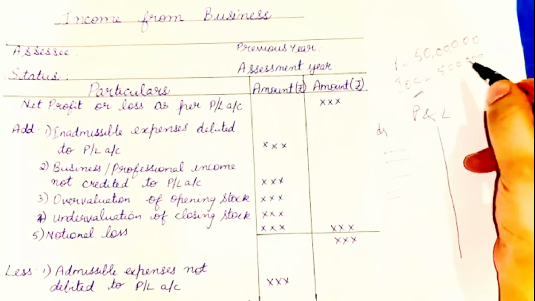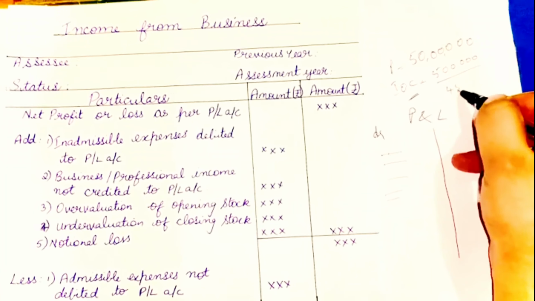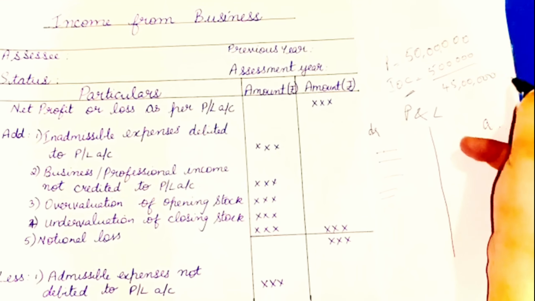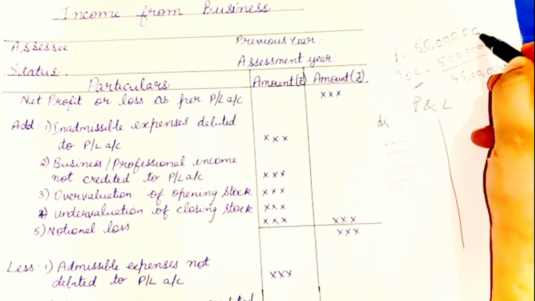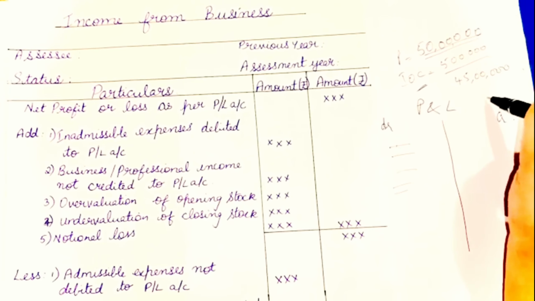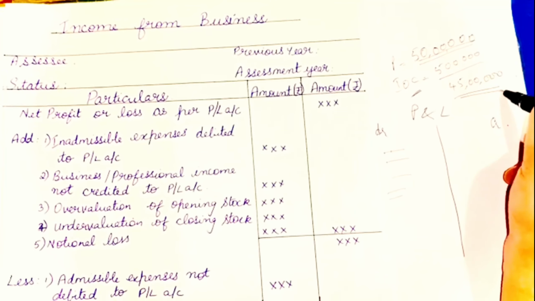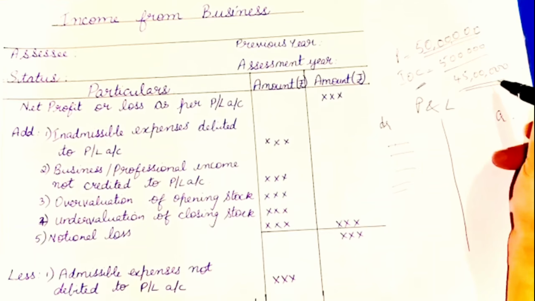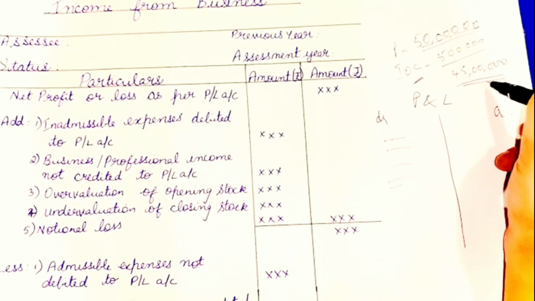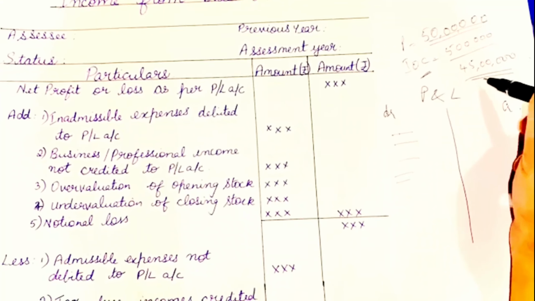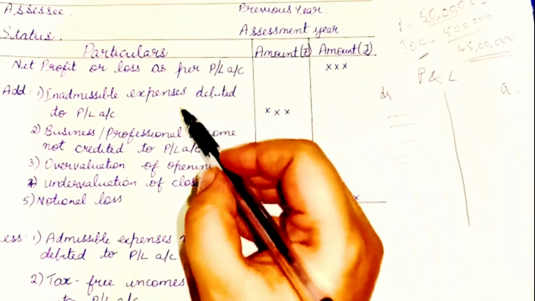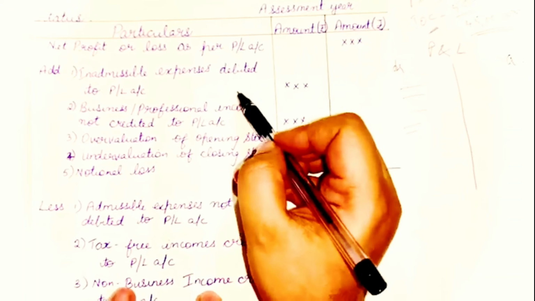If I claim this interest, what happens? My total profit is reduced to 45 lakhs. So earlier I was paying a tax on a profit of 50 lakhs, whereas now I'm paying a tax only on the profit of 45 lakhs. So these are expenses which are fictitious or which are just shown in order to reduce the tax burden. That's why certain expenses are termed as inadmissible expenses.